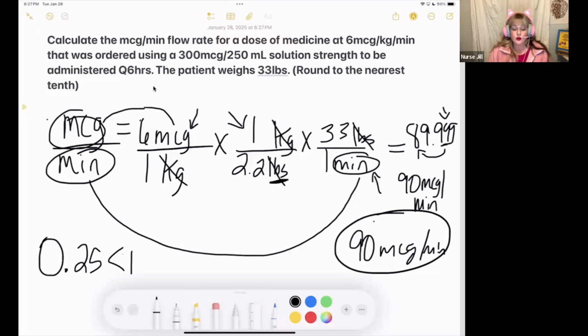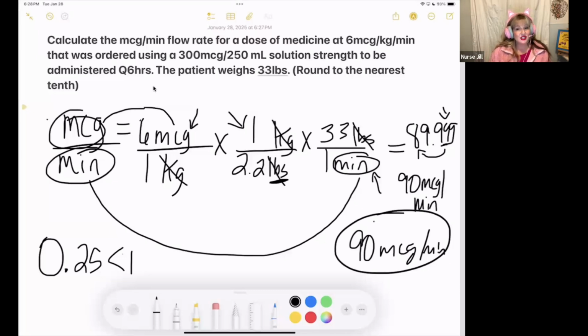So the distractor of the 300 micrograms per 250 ml, we know is not what we're going to use because we couldn't match the ml to another ml or another liter or microliter. There's nothing we could convert it to. There's no more fluid components. So that's the first thing that you're going to look for. Is there something I can match it to? If you can't, then look at what else is there. Well, we know that we can use the 6 micrograms because we've got a kg, we have a patient's weight, and we have a minute.